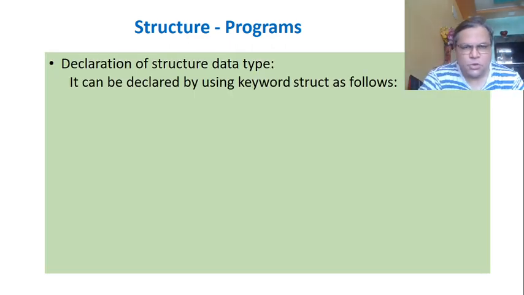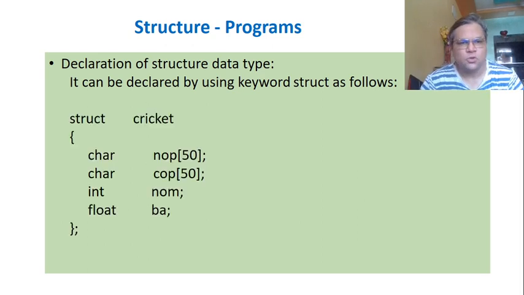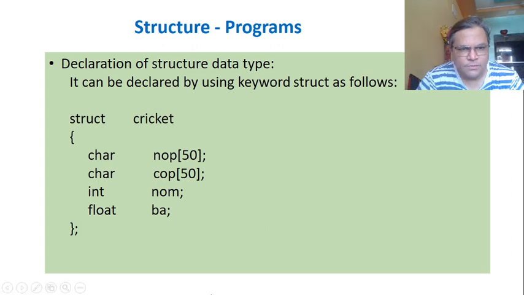The first thing that we need to do in our program is declare a structure data type. This is just a revision of whatever we have seen in the previous lecture. We know the structure data type can be declared by using keyword struct as follows. So we need to declare a structure data type cricket, struct cricket, and since we need to store 4 parts of information, that is name of a player NOP, country of a player COP, number of matches played NOM, and batting average BA, we will declare these 4 fields inside the structure data type cricket.